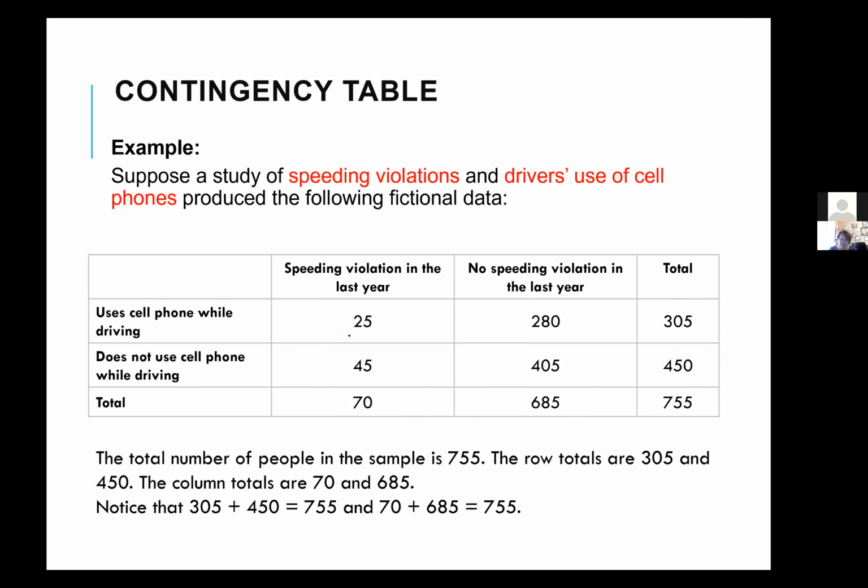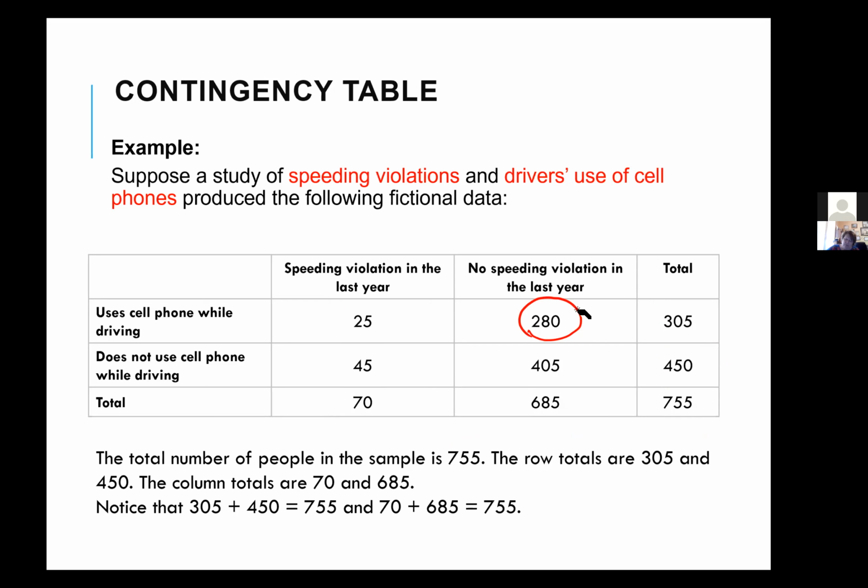So, for example, 25 people were using cell phones and got caught for speeding. So they got a speeding violation and they were using a cell phone. 280 people were using their cell phone, but they didn't get a violation. So 25 and 280, 305 people were using their cell phone.